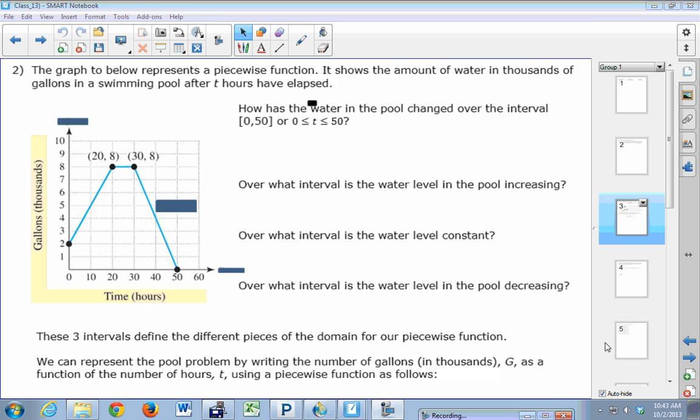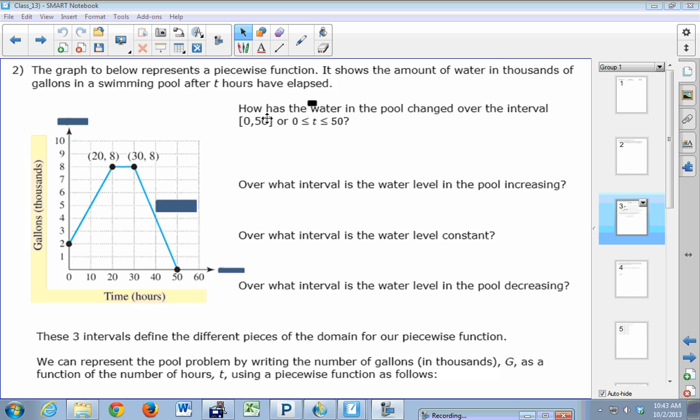This graph represents a story, and the story can be illustrated with what we call a piecewise function. It shows the amount of water in thousands of gallons in a swimming pool after T hours have gone by. So this first part right here, how has the water in the pool changed over this interval?